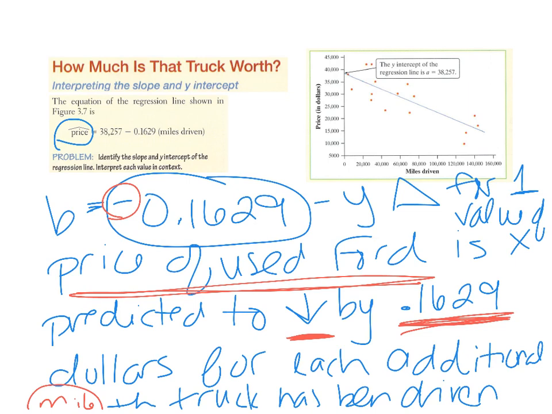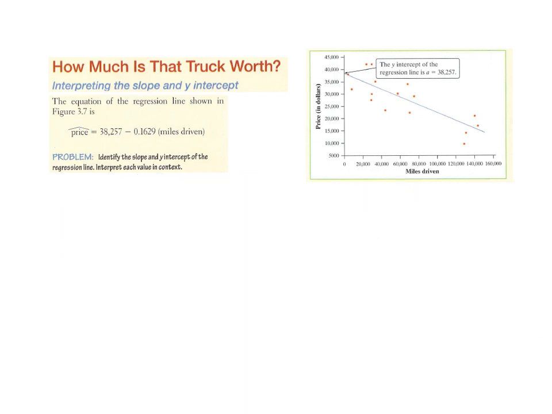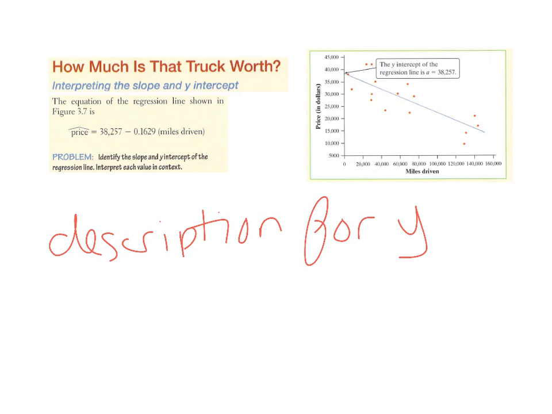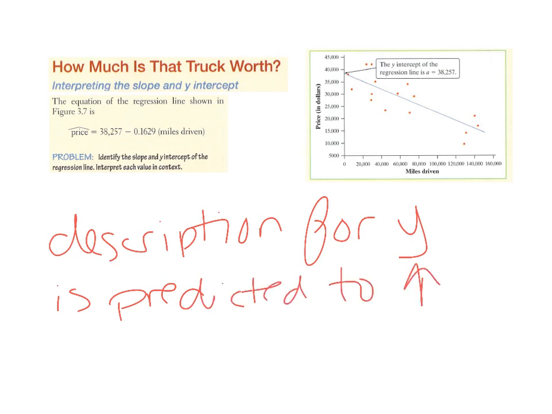So if we want to sentence stem this out, what you're going to start with every time is your description of y. So your context or your description for y is predicted to, and then you're going to go up or down. So you'd have to choose those.